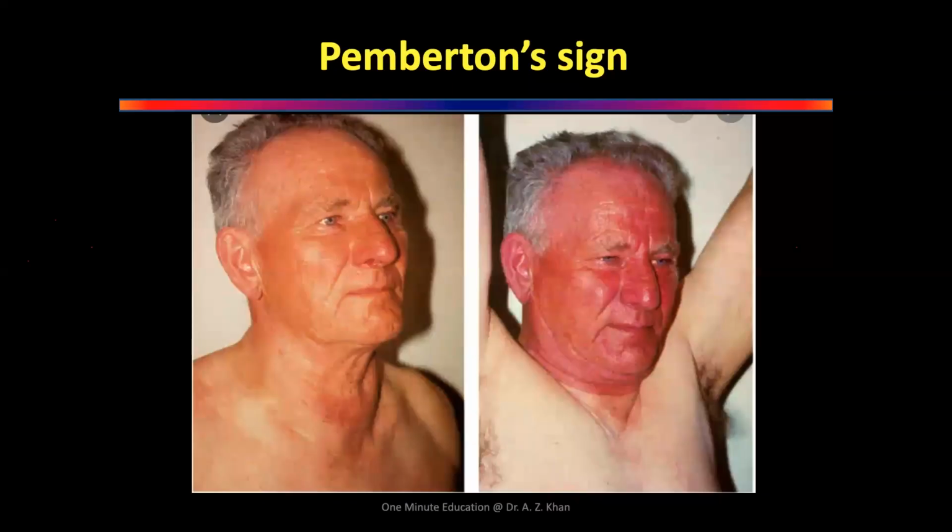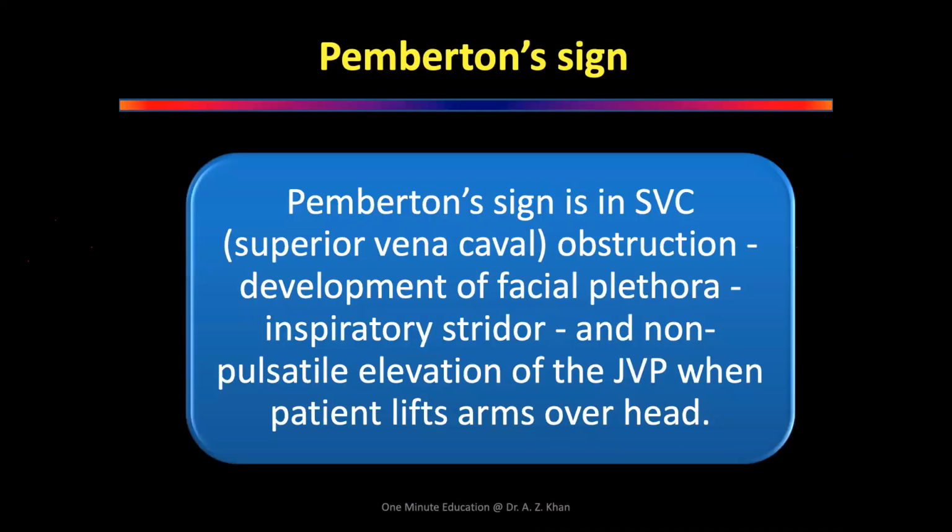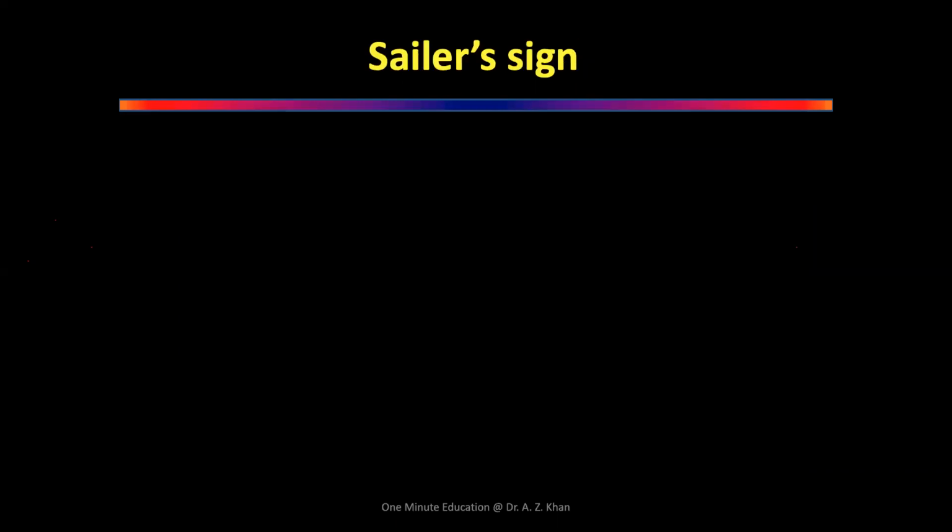The face becomes flushed, and then the JVP is raised. So there is a non-pulsatile elevation of the JVP, okay? That's quite important. And the patient has inspiratory stridor because whatever is obstructing the SVC starts to obstruct the airway as well. Okay, what is this sign?